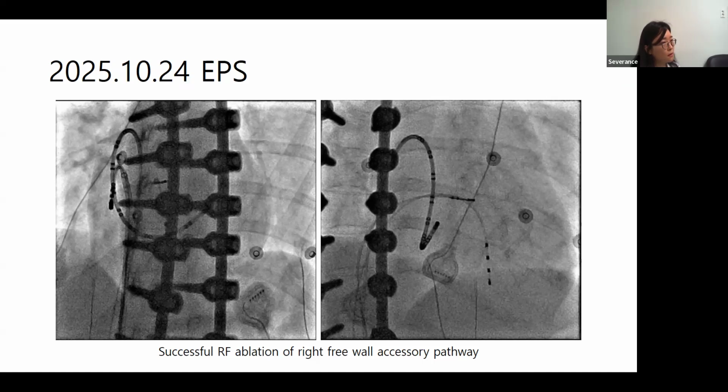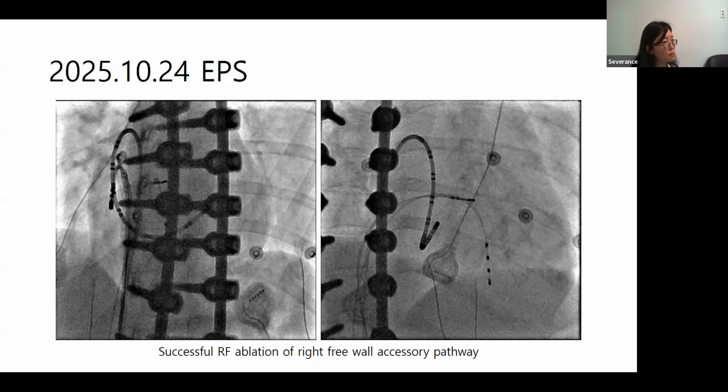Because the delta wave is generated by fusion of normal AV nodal conduction and accessory conduction, some people show minimal delta because it's a fusion beat. In this patient, when we paced the right atrium, the delta augmented. We can estimate the location of the bypass tract.